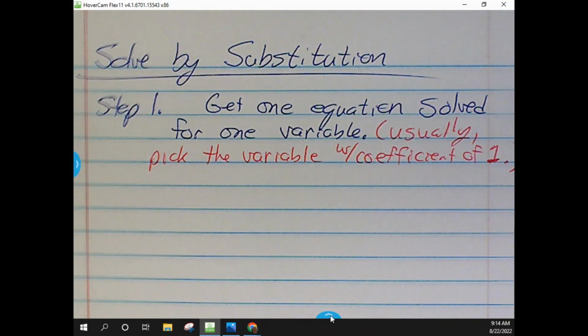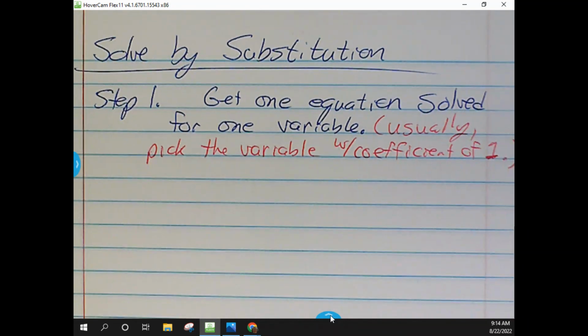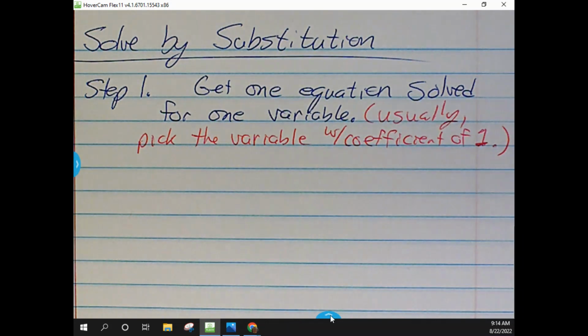That's your default. That's usually going to be the easiest equation to solve for either X or Y, depending on how it is. Sometimes they already have step 1 done for you. Sometimes they don't. It just depends on the problem that you get.